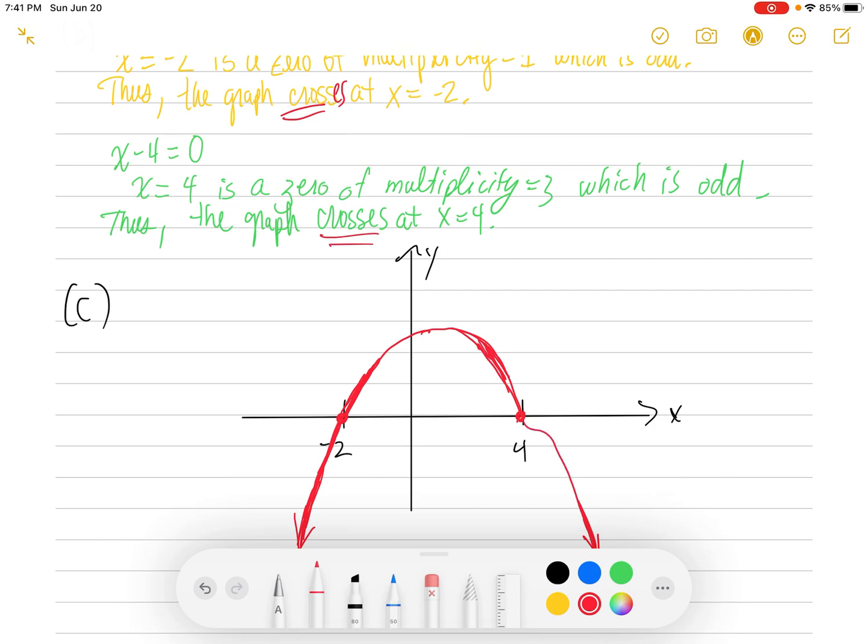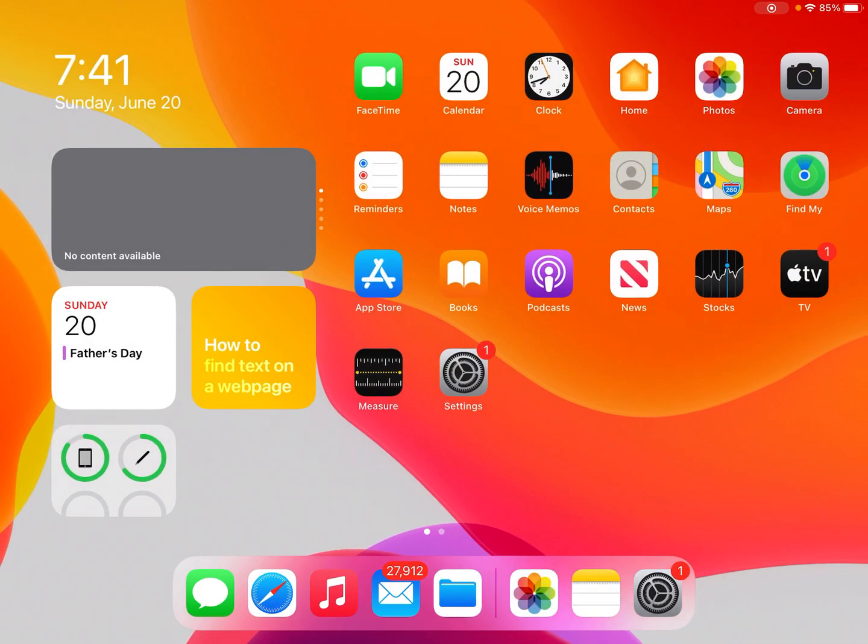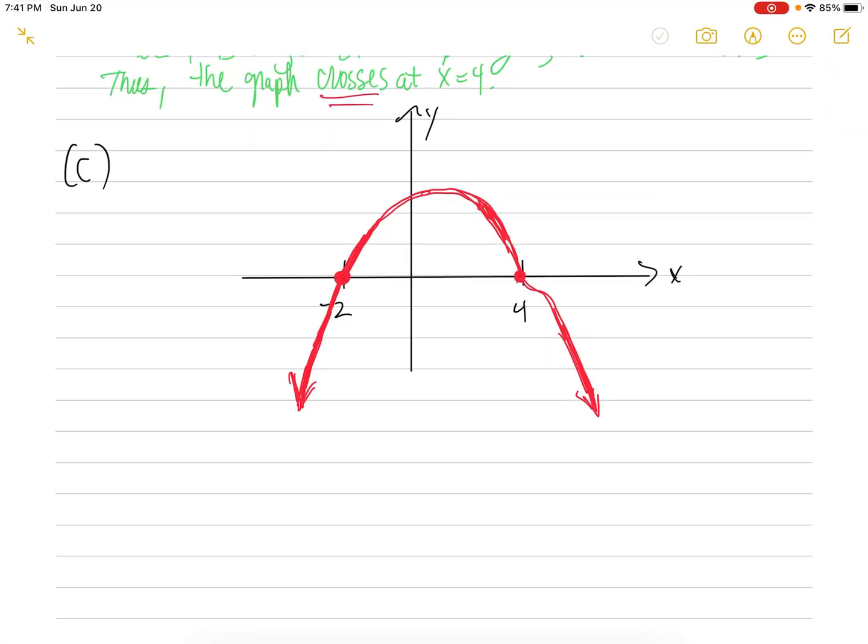Now who knows what the shape is exactly? But that's just a kind of general picture. So the idea is on the left side it's going down, on the right side it's going down. Coming from the left, it hits at -2, it goes across. It hits at 4, and it goes across, and then connects to going down.